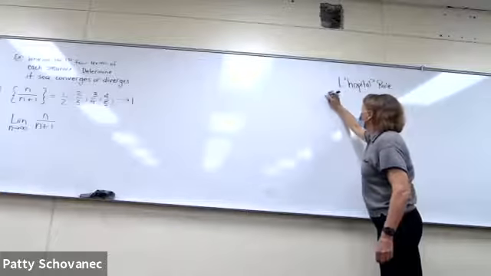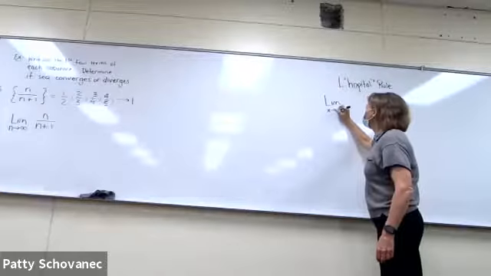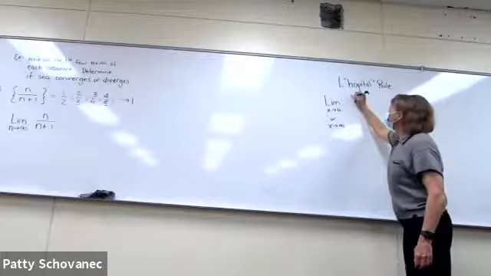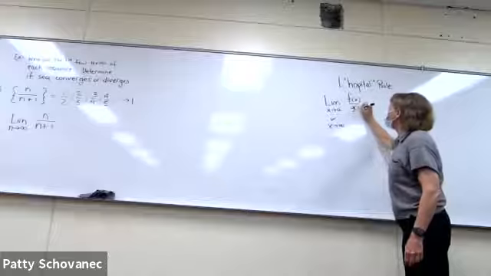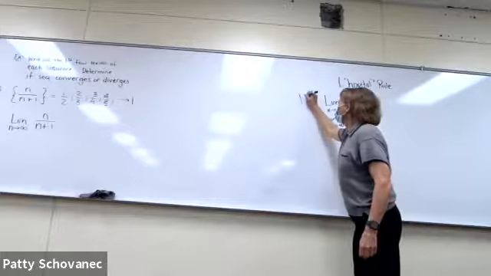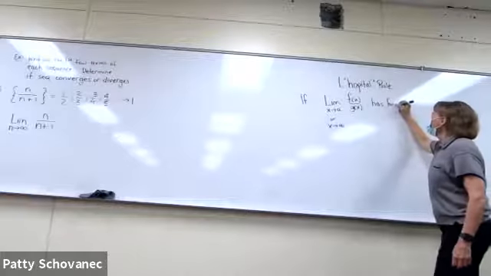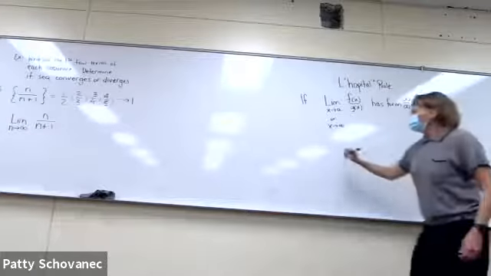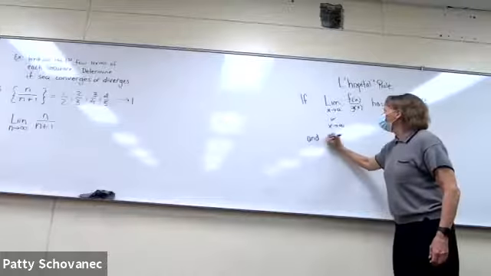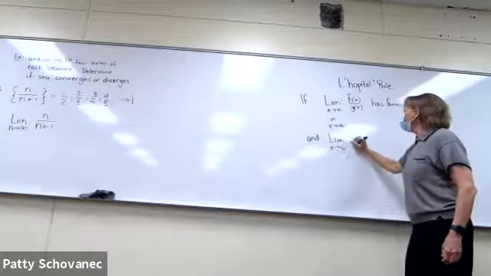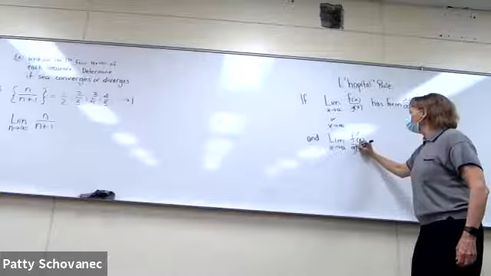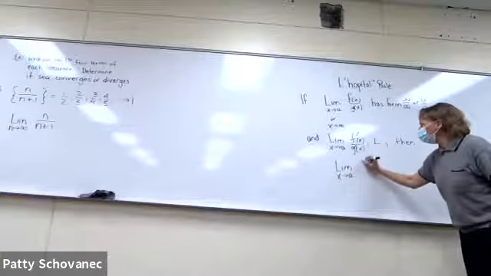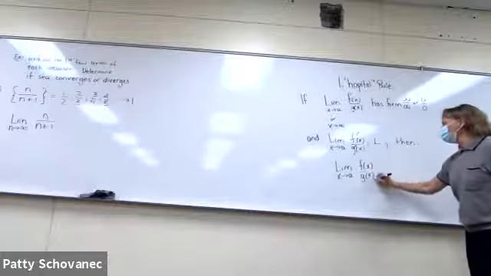It says, you take the limit as x goes to a, where a can be a number or infinity, of something that looks like f of x over g of x, if that limit has the form of infinity over infinity or 0 over 0, and the limit as x goes to a of f prime of x over g prime of x is equal to L, then the limit as x goes to a of f of x over g of x is also L.